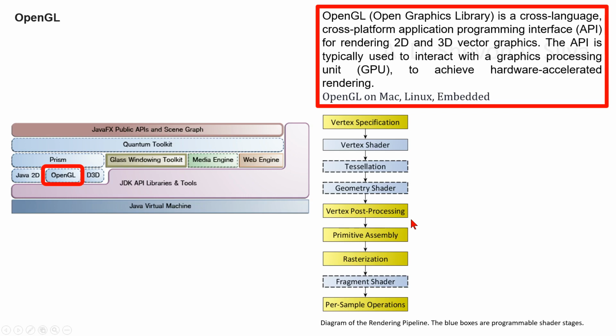Primitive assembly. Primitive assembly is the process of collecting a run of vertex data output from the prior stage and composing it into a sequence of primitives. The type of primitive the user rendered with determines how this process works.